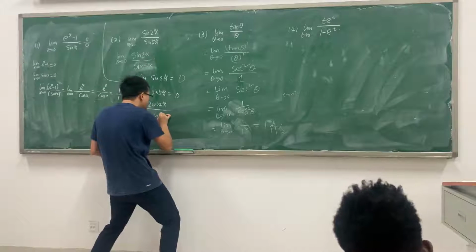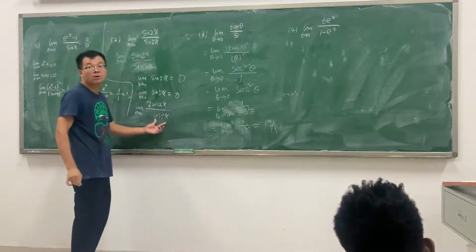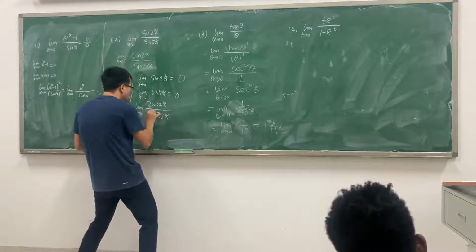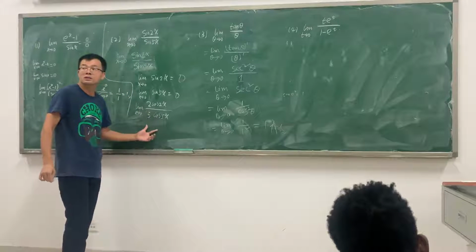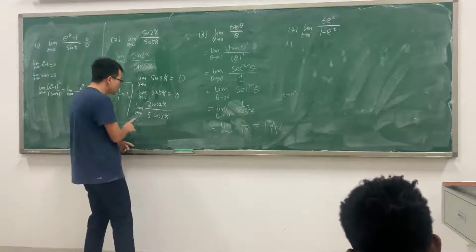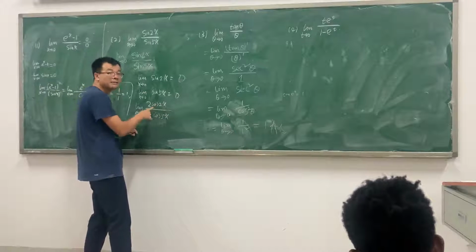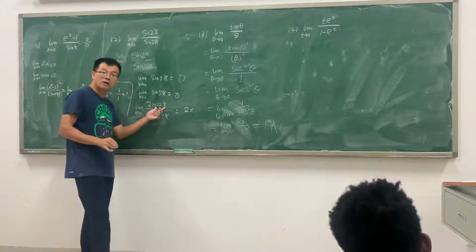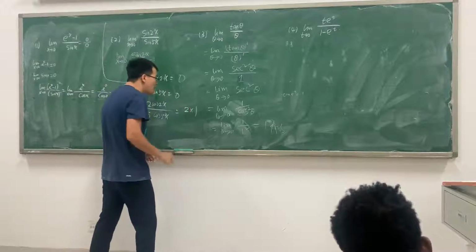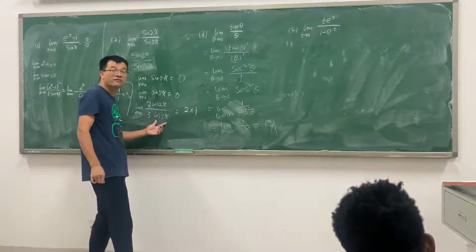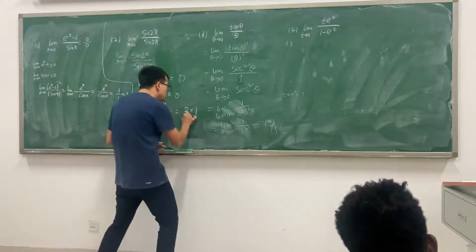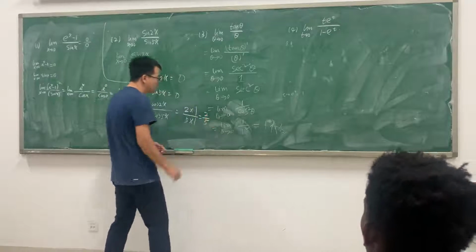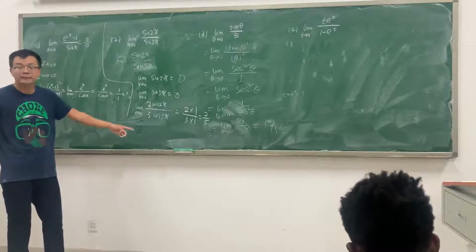Is cosine 5x, and 5x prime is 5. So limit as x approaches 0, this part is 2 times cosine 0. Cosine 0 is 1. 5 times cosine 0, so 5 times 1. So the result is 2 by 5.